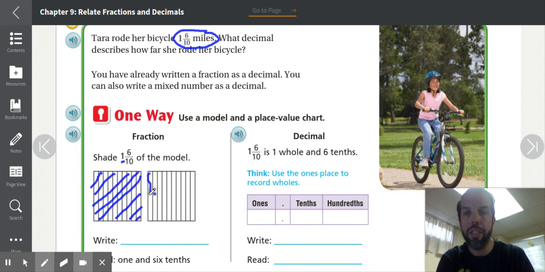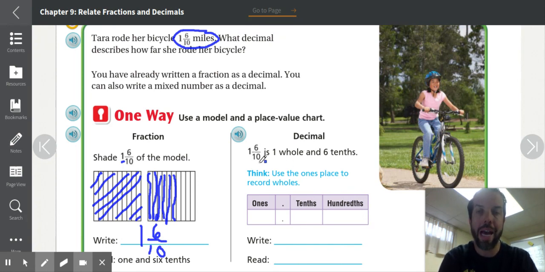I'm going to shade in 6 out of the 10. So it's 1, 2, 3, 4, 5, and that would be 6. So as a fraction or as a mixed number, we would write that as 1 whole and 6/10.